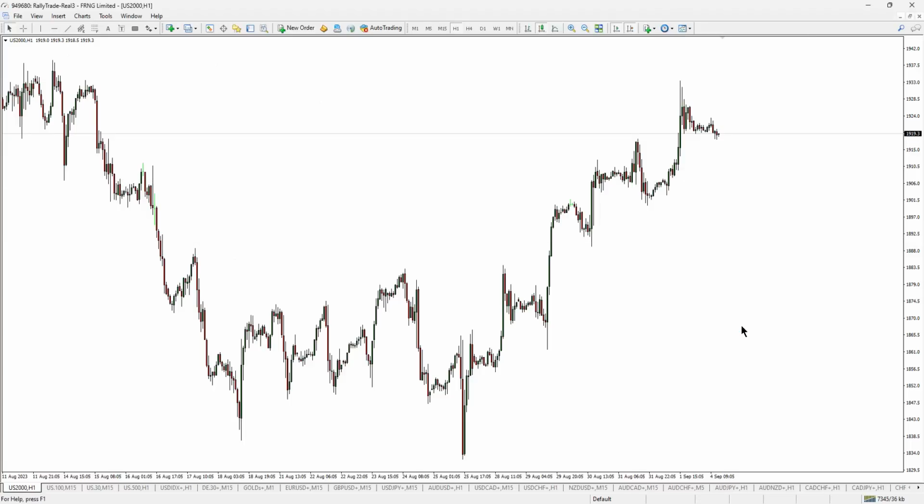Now, for me, I don't like to draw my support and resistance lines manually. There is actually a support and resistance indicator that helps me map out those lines automatically.